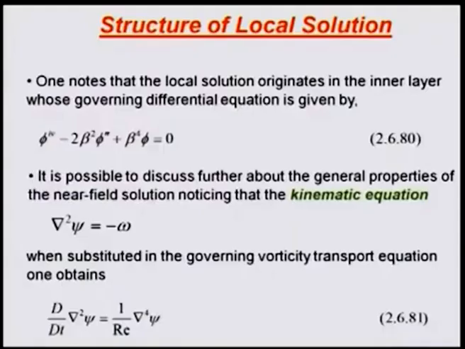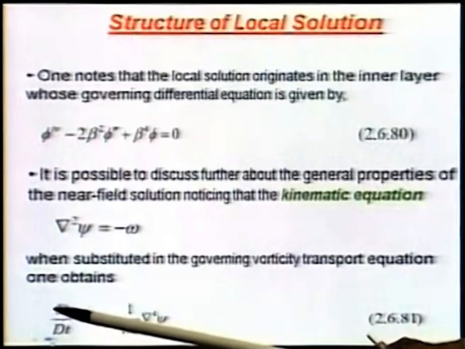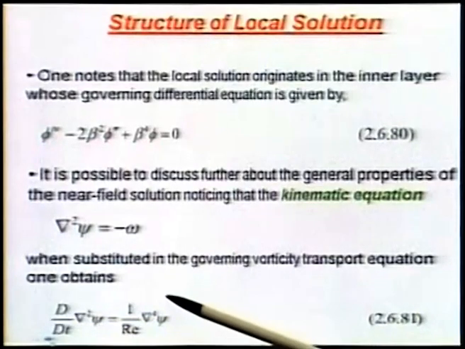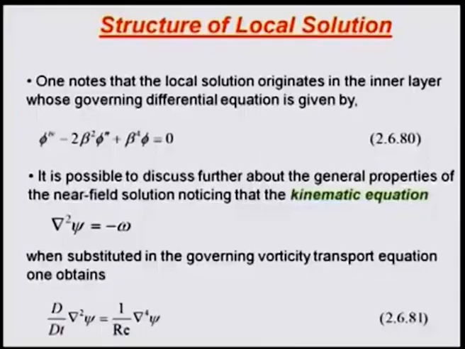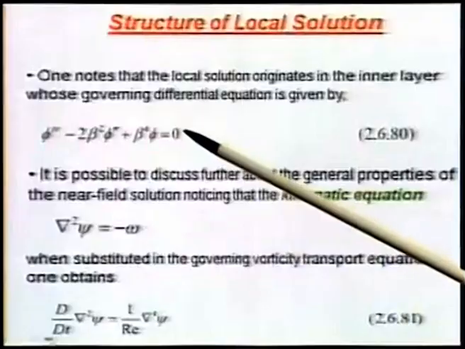Now if I multiply it by Re, then I get this. Then psi biharmonic equation, if I write it in terms of Fourier Laplace transform, what would it be? This will be this.